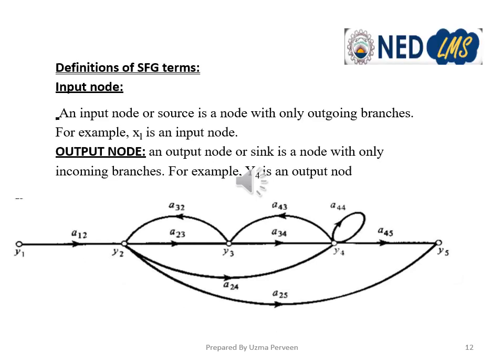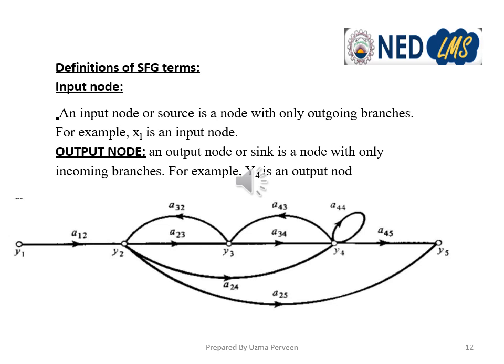We define the input node and output node. Input node is a node which has only outgoing branches. This is also called the source node. Like we have here, Y1 is this node which has only outgoing branches, that is a single branch from Y1 to Y2. Y2 is not an input node because the branch from Y3 is coming towards Y2.